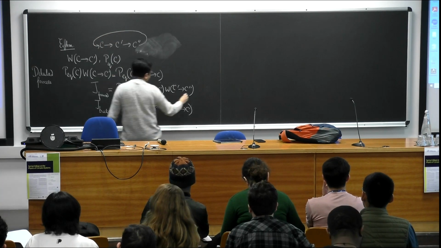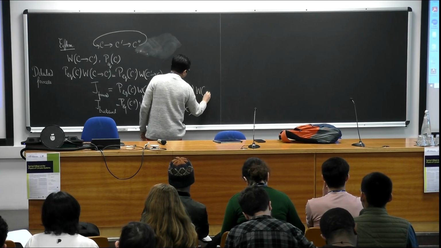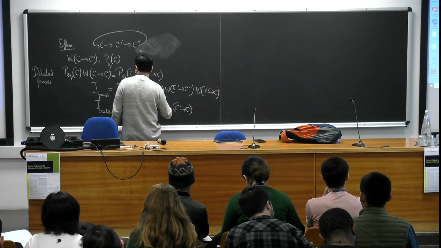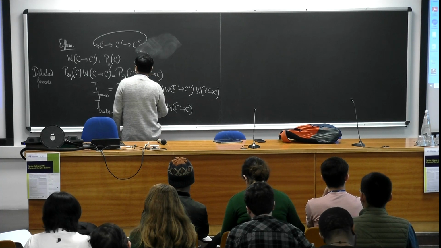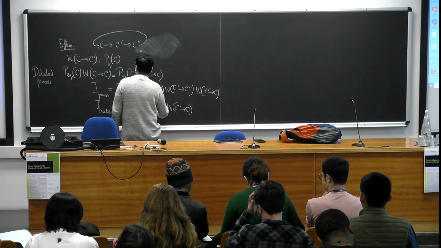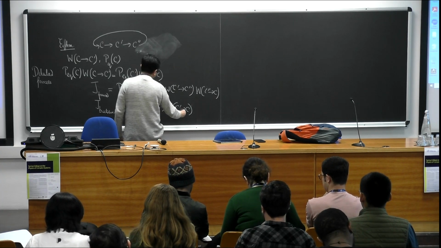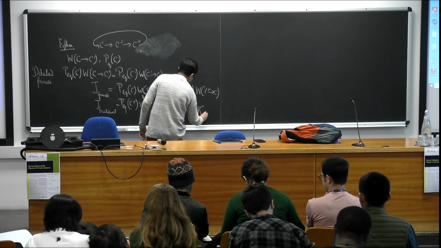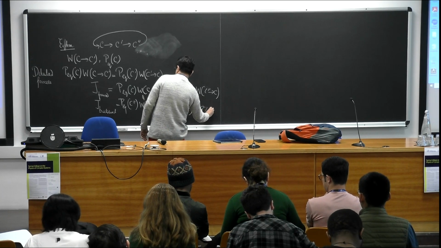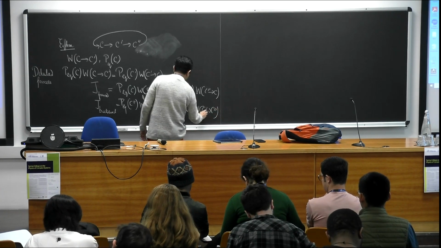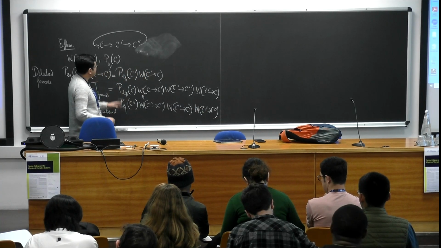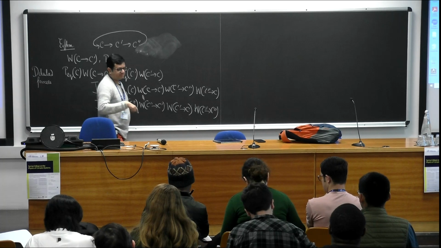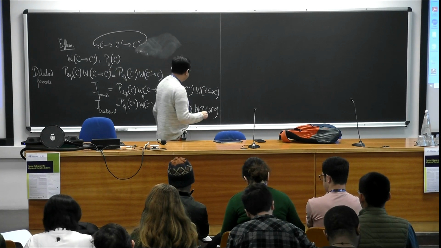So then for C double prime, there will be C to C prime, and this one will be C double prime to C prime to C. Sorry, C to C double prime. You can check that these two are equal, so there is no net probability current around any closed loop in the configuration space.